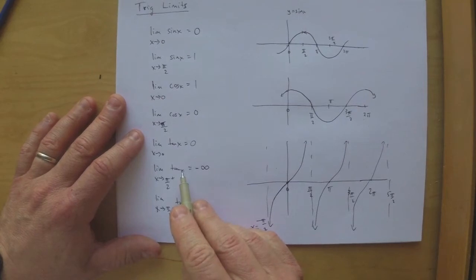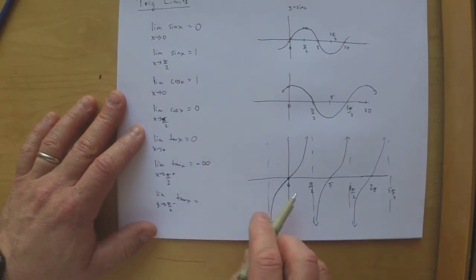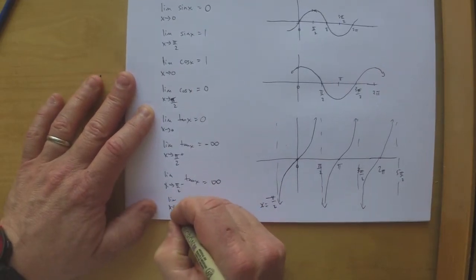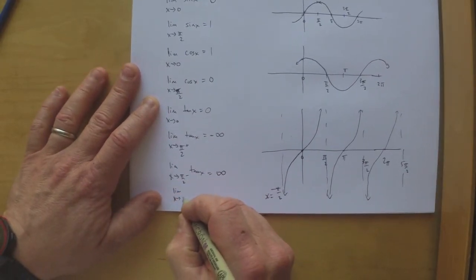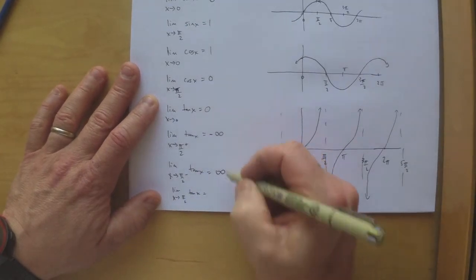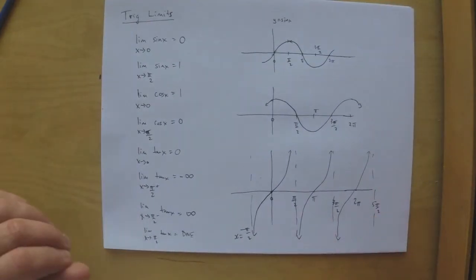That's where I find the graph handy. Without a graph, that one would be a troublesome one for me. And tan of pi over 2 from the left is going to be infinity. And just to throw it in there, if they had asked you tan of pi over 2 from left and right, because they're different, this would be a does not exist situation.